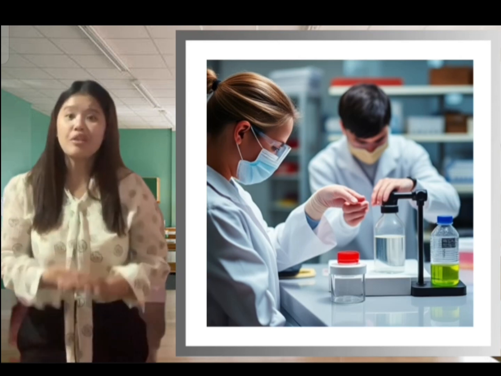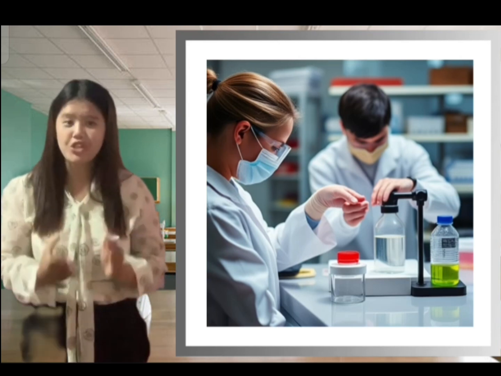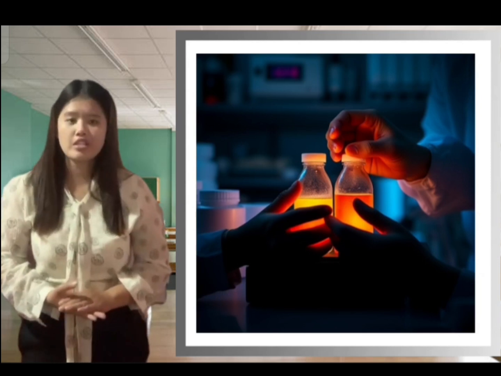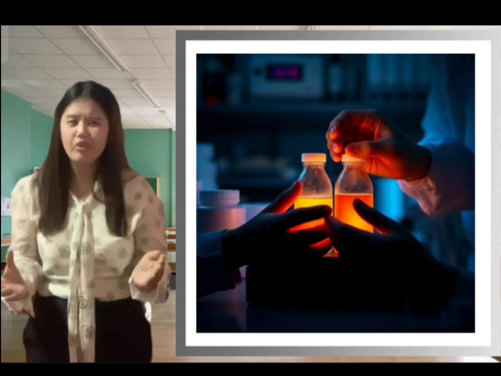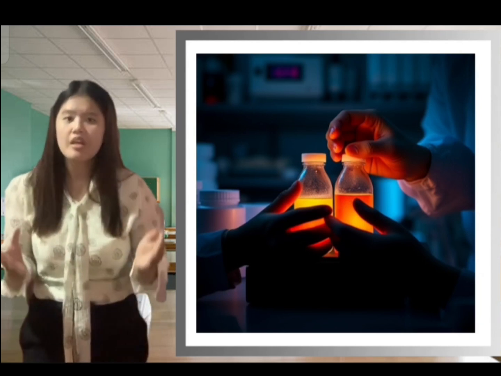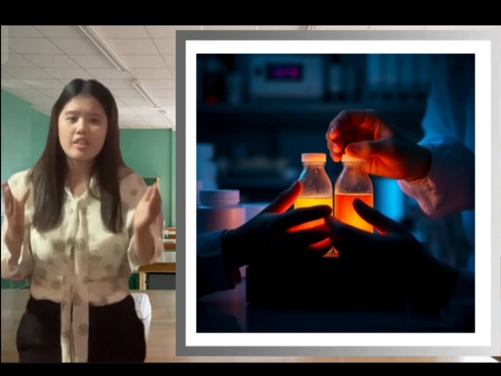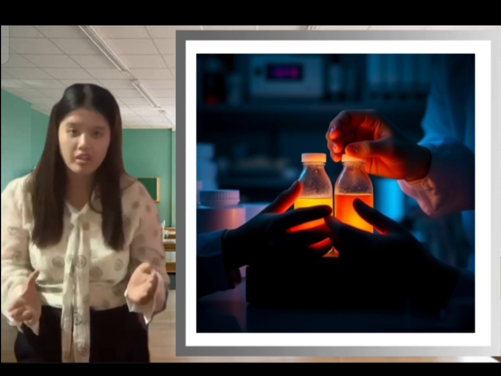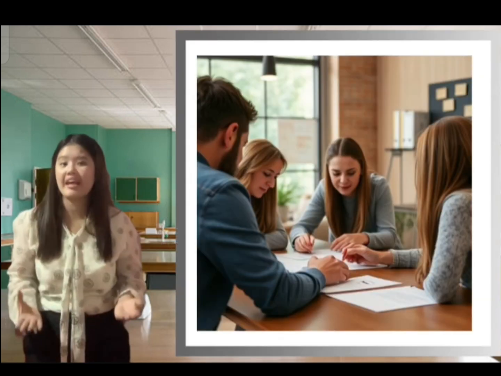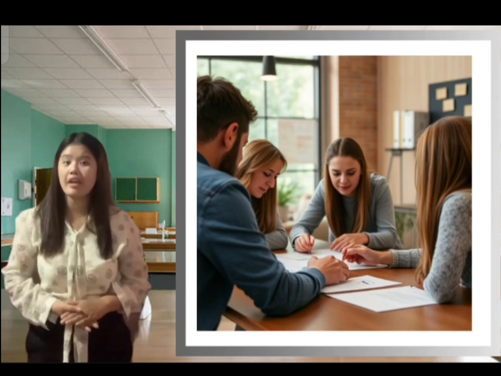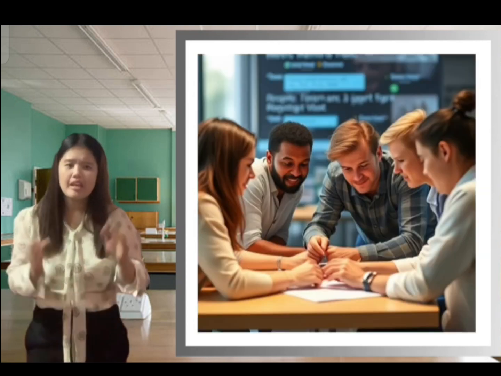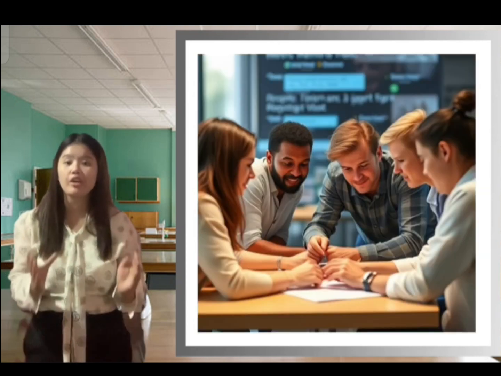This means different labs or researchers test the same method using the same samples. If everyone gets similar results, that's a good indicator that the method is solid. Collaborative testing helps ensure that the method works universally, not just in one specific environment.